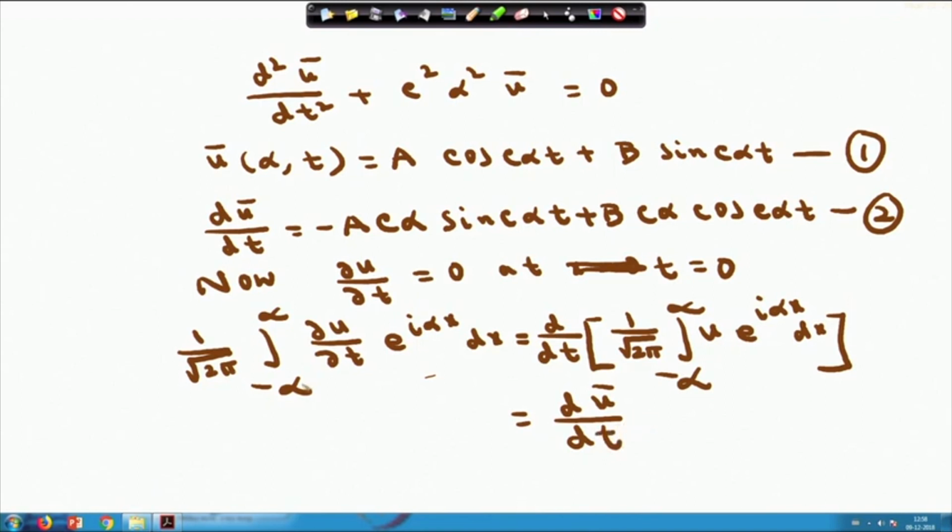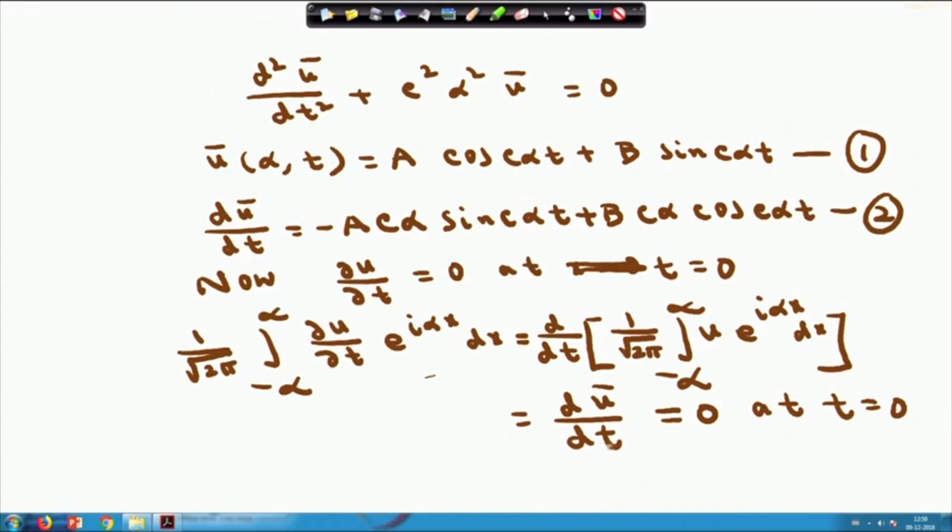So, from here I can say that dū/dt equals 0 at t equals 0. From this condition, since ∂u/∂t is equal to 0, I am basically taking the Fourier transform on both sides, and I am getting dū/dt equals 0.